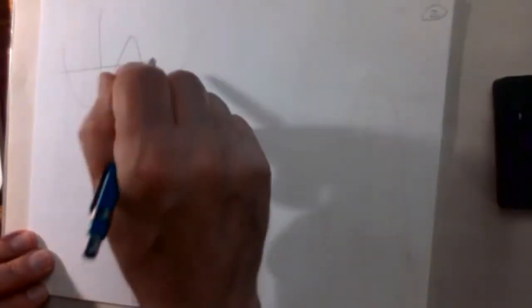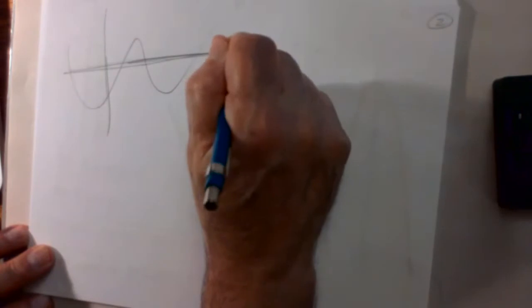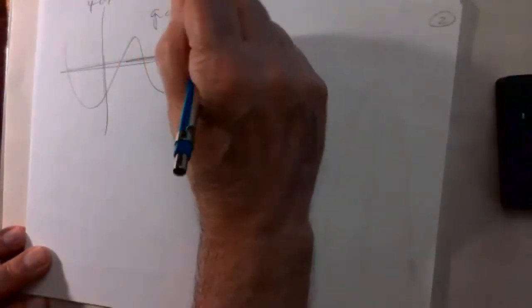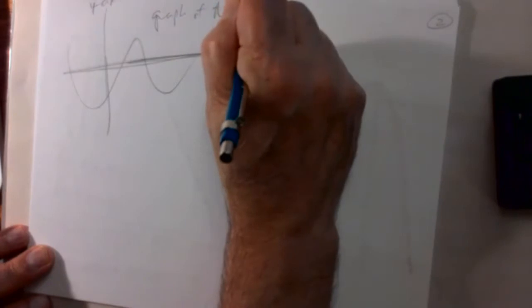When you have a graph, there are certain points that are interesting. So suppose this is the graph of a function. This is the x-axis. This is the y-axis. And here we have the graph of the function y equals f of x.